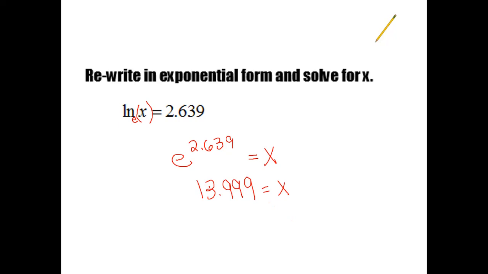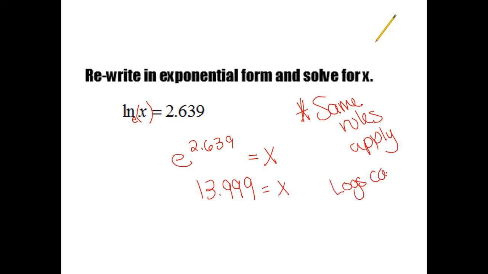Now, same rules apply with natural logs as they do with logs. So, I'll make a little note of that. Same rules apply. Logs cannot, and I repeat, cannot be negative or 0 on the inside.